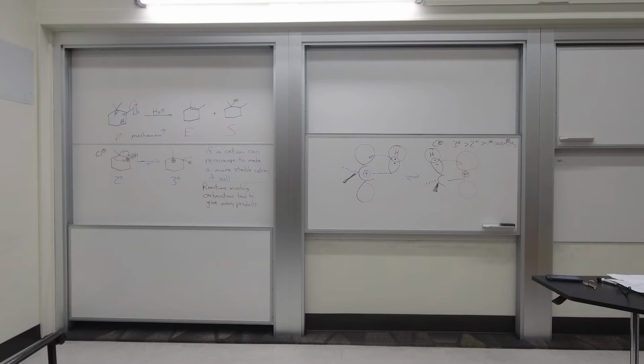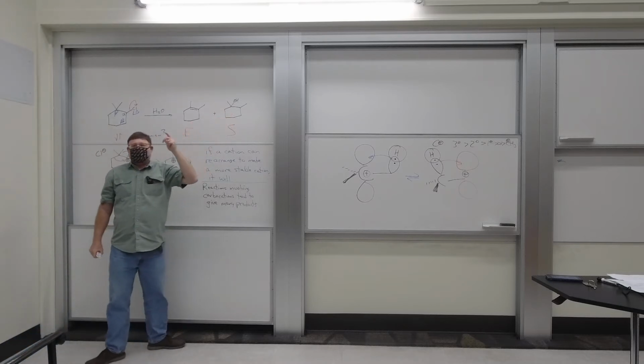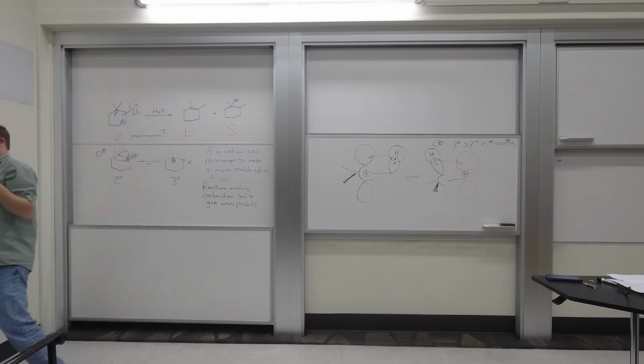And then if one of the products can be 2 different diastereomers, probably will be. The cation's flat, it'll always give you a racemic product, even if you start out with only one enantiomer. So SN1 and E1 reactions tend to be quite messy. If I need to go up in the lab and do a substitution reaction, I would much rather do an SN2 than an SN1 if I can get away with it.